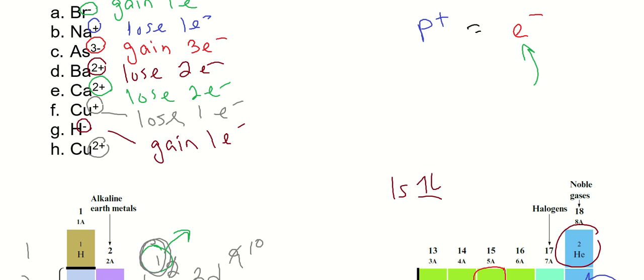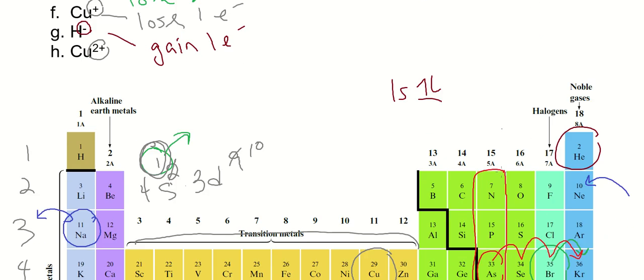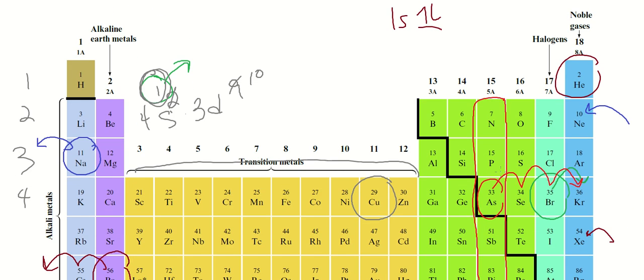Copper, back to copper. A lot of transition metals, when you're ionizing them, will have 2 electrons in the s orbital and some number of electrons, 1 through 10, in the d orbitals.